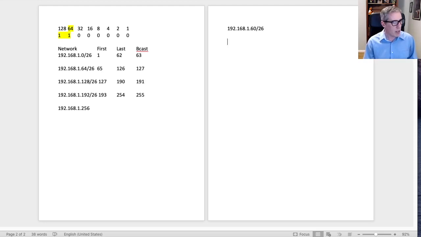The reason that you might need to know that is when your computer is communicating with another computer, when 60 is communicating with 68, knowing that they're on the same network will let you know, is it going to communicate directly, or is it going to go through the default gateway? Or it could be that the default gateway is 65 and you look at 60 and you'll say, wait a second, the default gateway can't be on a separate network. So that's an answer to a question.